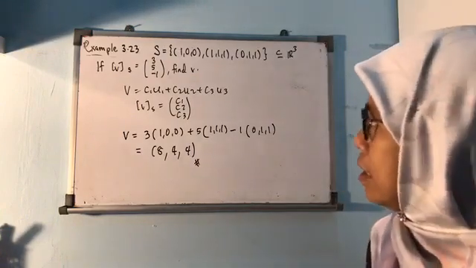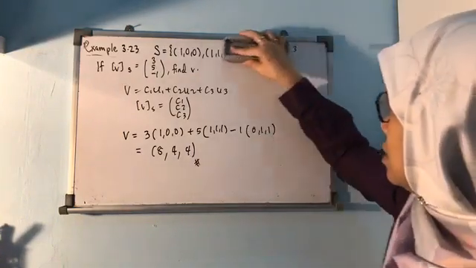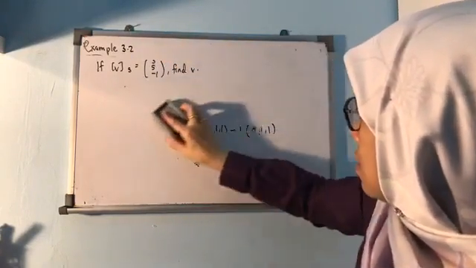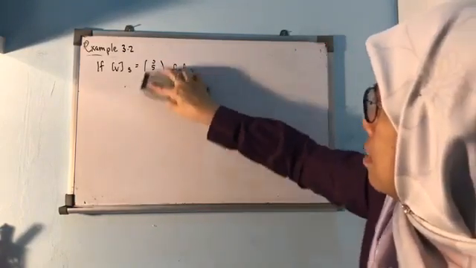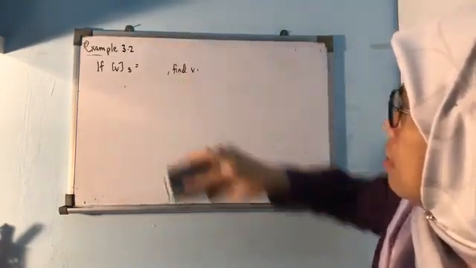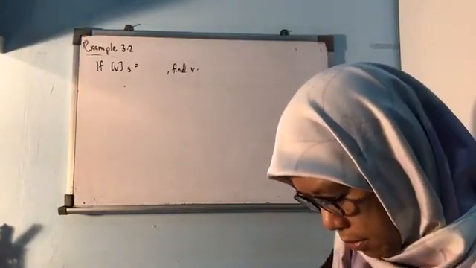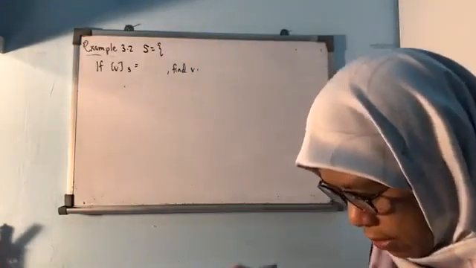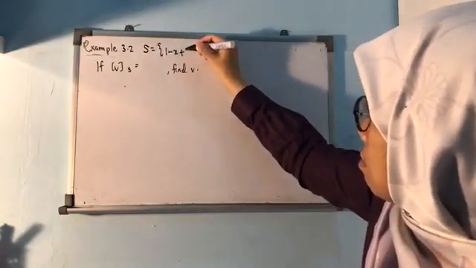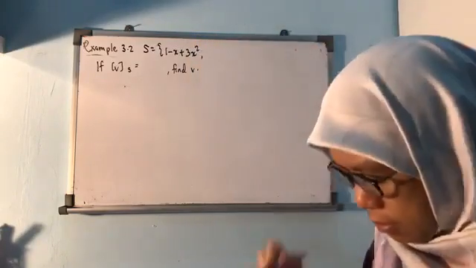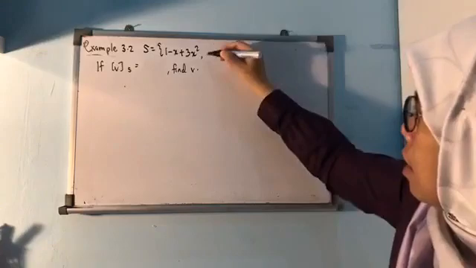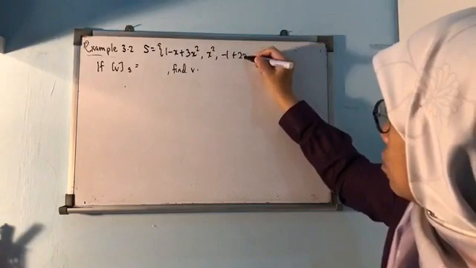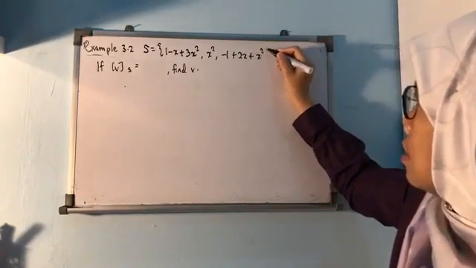Another one. Okay, I change the set S to polynomial, right? S can be this 1 minus x plus 3x squared, x squared, minus 1 plus 2x plus x squared.